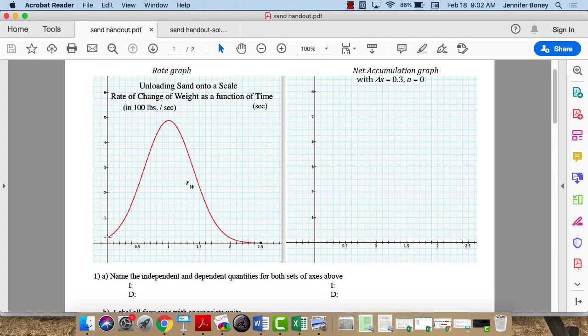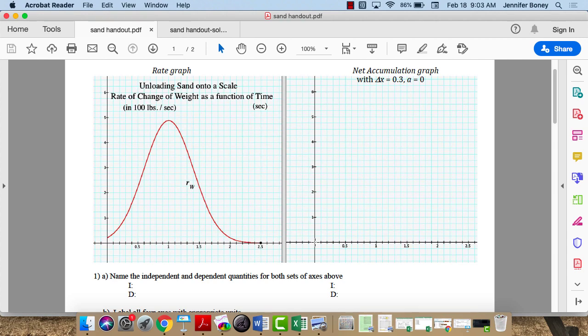If you're going at 25 pounds per second, all the way up through nearly 500 pounds per second, and then slowing down again. If we're trying to track how much sand is on the scale at any point in time, based just on this rate, not knowing any outside information like how much was there at time zero, just what happened because of this rate, well, I'd start from 0, and then I'd go up from there.